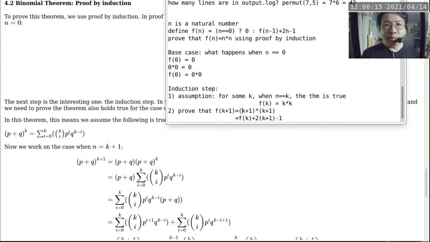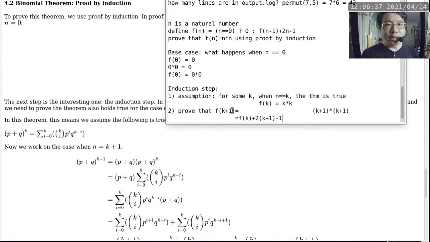Okay, so this is eventually what we want to prove. I'm going to move this aside. So the first thing we do is we look at f of k plus 1, and then we turn that into f of k plus 2 times k plus 1 minus 1. So are we good with this step? Does everybody understand how I just applied the definition of f of n?